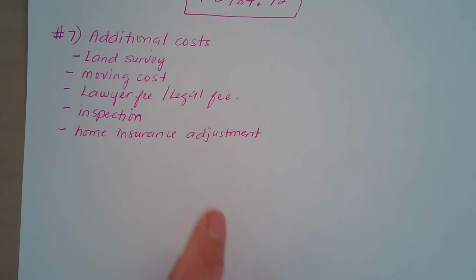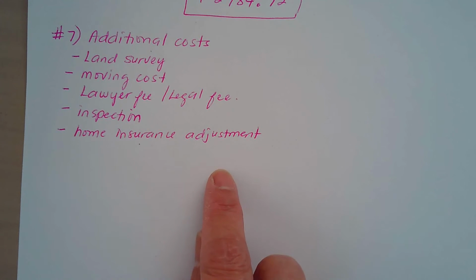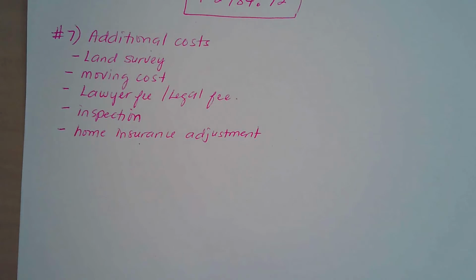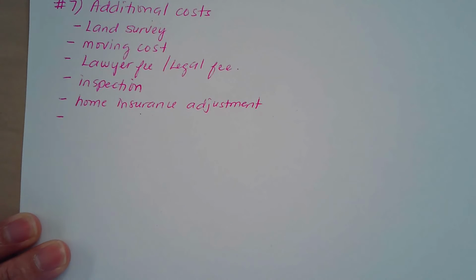So when we say home insurance, it's not considered an additional cost. But if there's a home insurance adjustment, then it is an additional cost. If you move from a smaller house to a bigger house, most likely you would have to pay extra insurance, right? Okay. Good. What else?